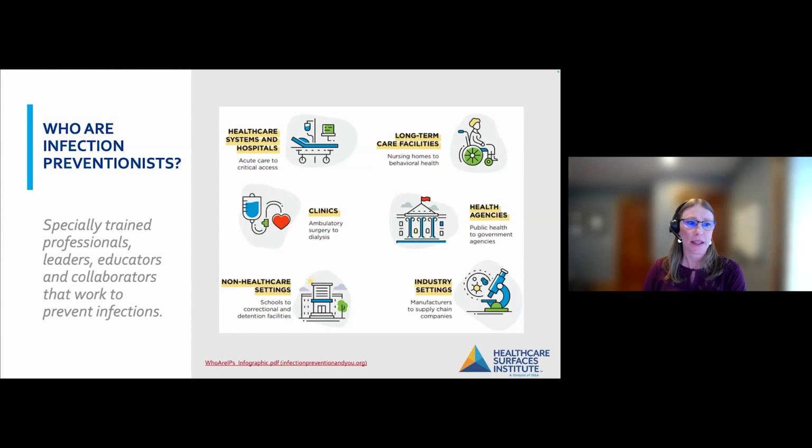And you may see infection preventionists most commonly in hospitals as it's required for there to be infection preventionists. Additionally, in our skilled nursing facilities, especially after the pandemic, it was very evident that we needed additional support with infection prevention in those long-term type care facilities. So you're starting to see more of a requirement there.